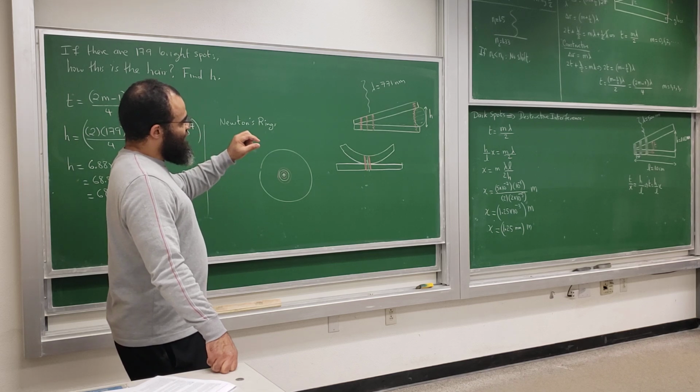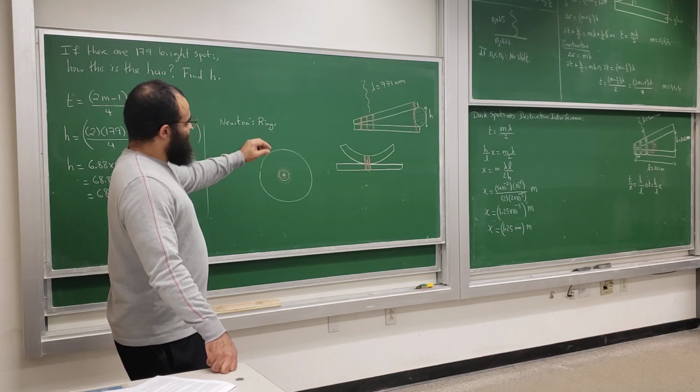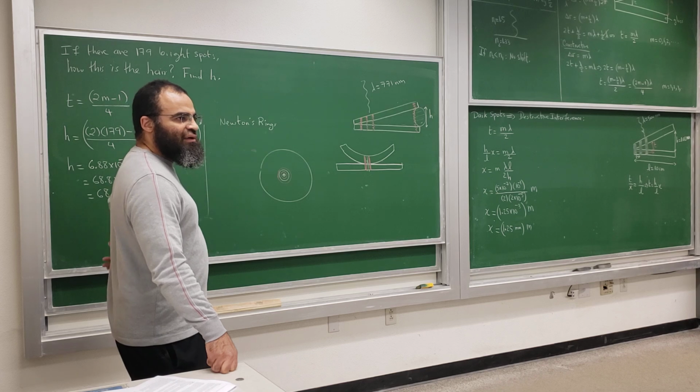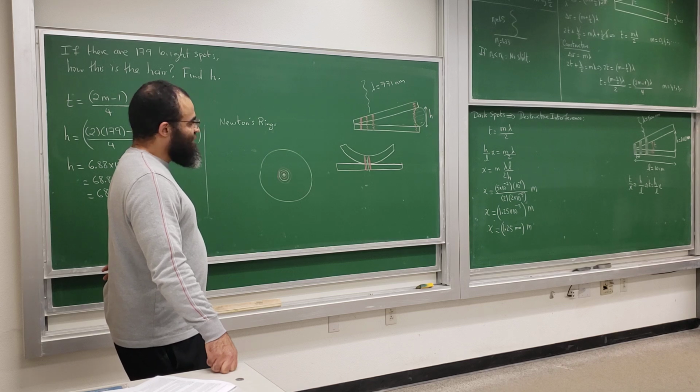And h is like the height. So what's happening to that height? The gap is increasing; the gap is getting bigger. So what happens? The gaps between the spots get smaller.